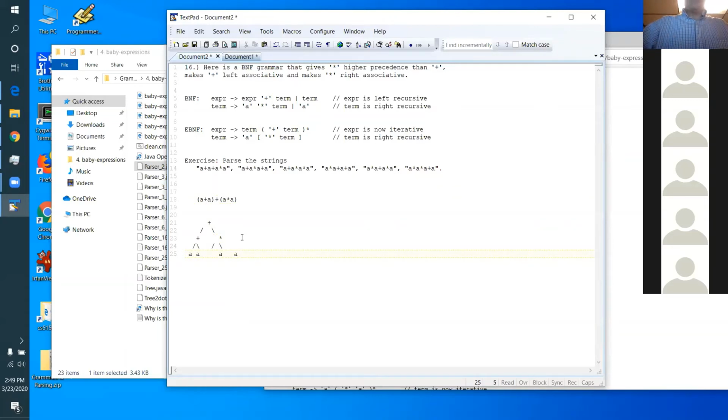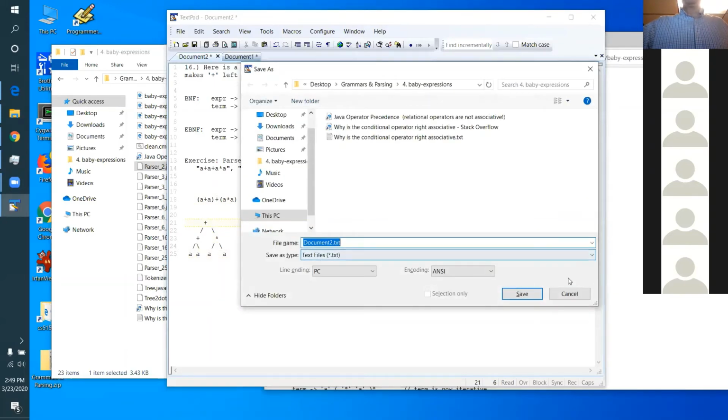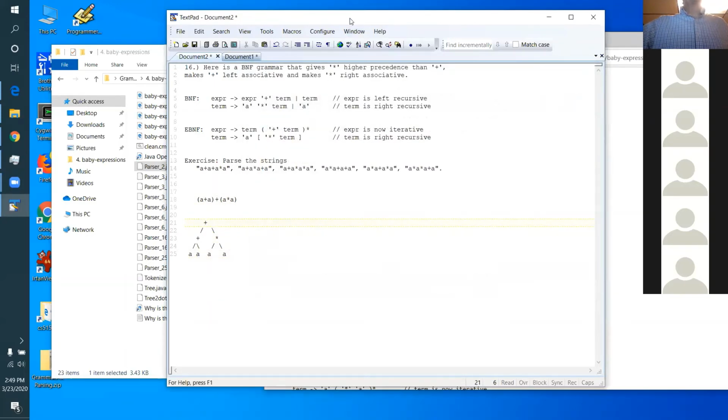I think that's it now. That should be the right parse tree.